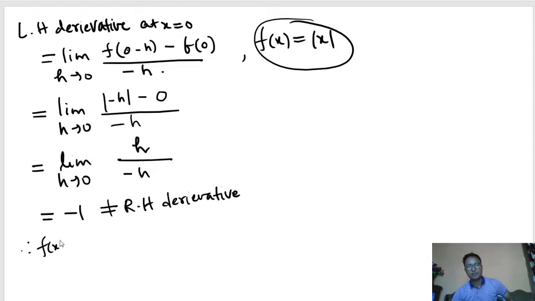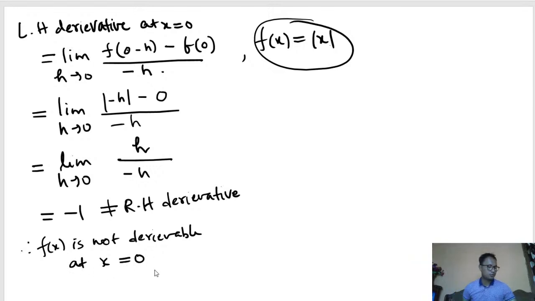Therefore f of x is not derivable at x equal to 0. You can use the conventional method for this, but that is up to you.